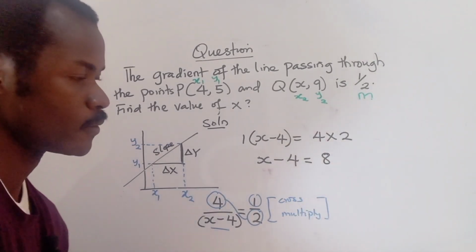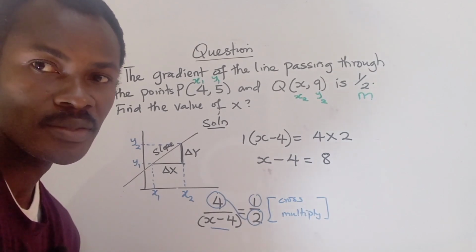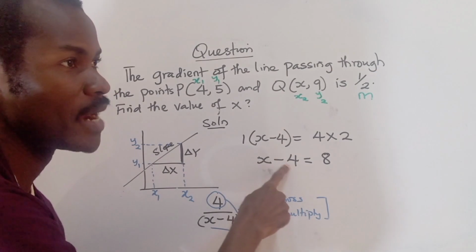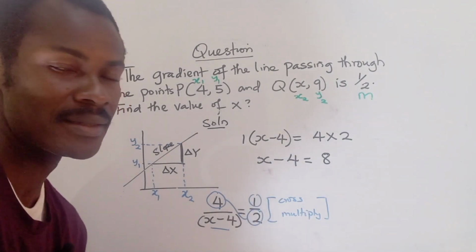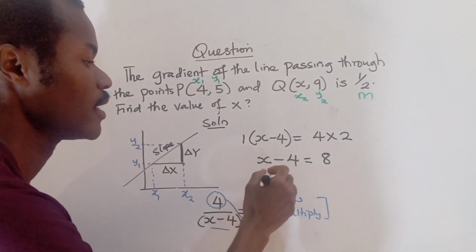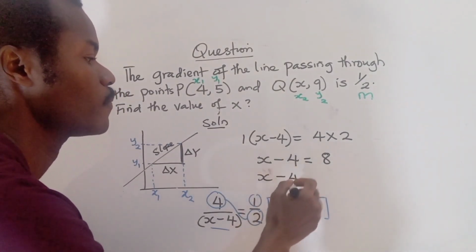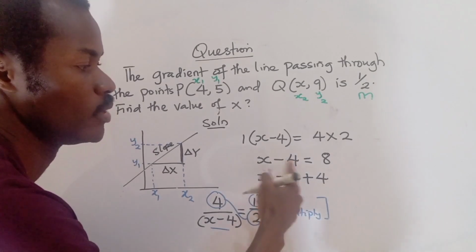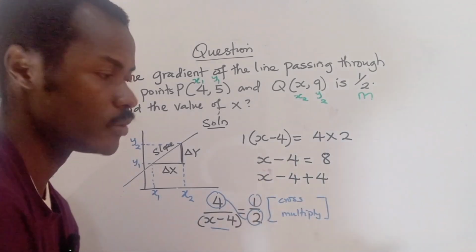From this point, how do we solve for x? We want to remove the minus 4 from both sides, and we do that by adding 4. Whenever you have a minus, you add to make it 0.